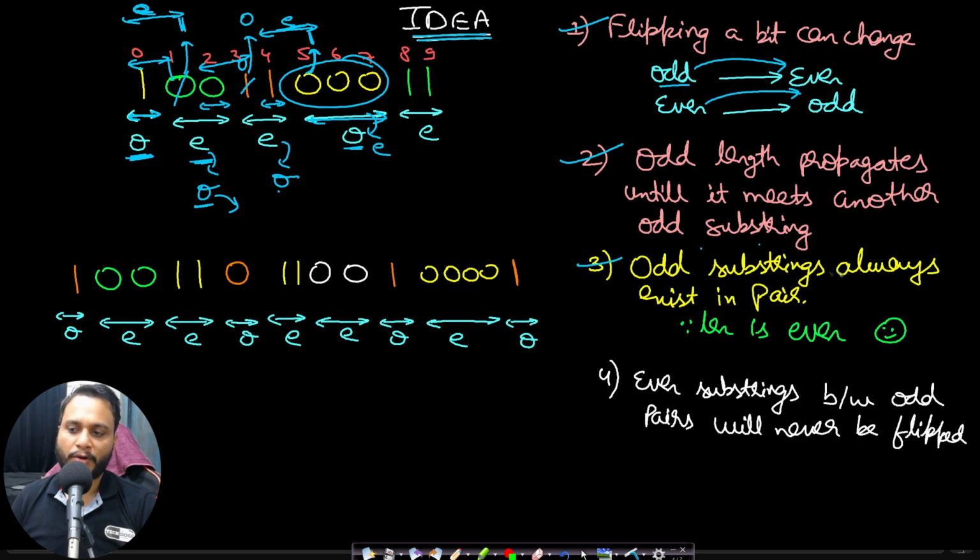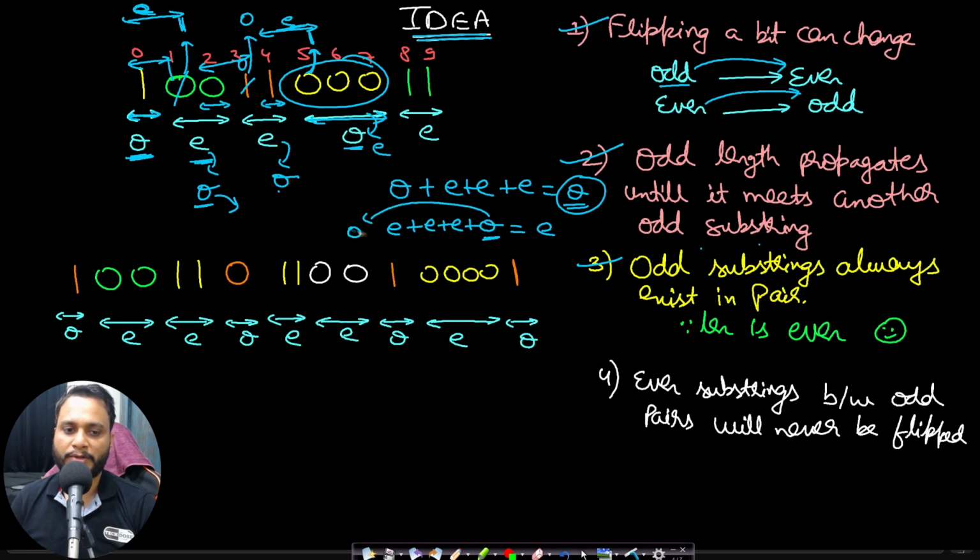The third point is odd substrings always exist in pairs, right? Because the entire length of the string is even, and if you consider adding odd numbers to all the even numbers, then it will always be an odd number, right? So if you want to get the even number as the final answer, and if you already have a lot of even numbers with one odd number, you must also have another odd number so as to balance.